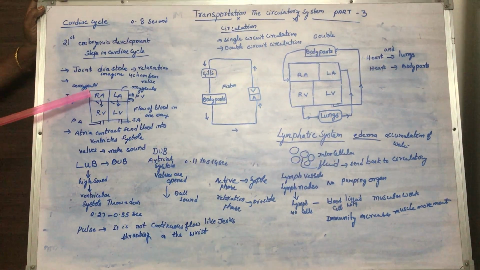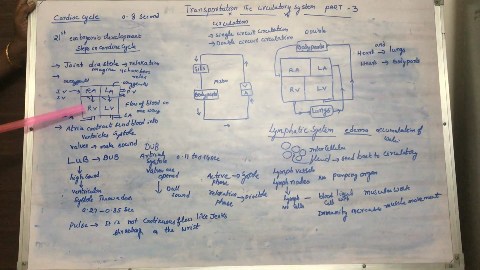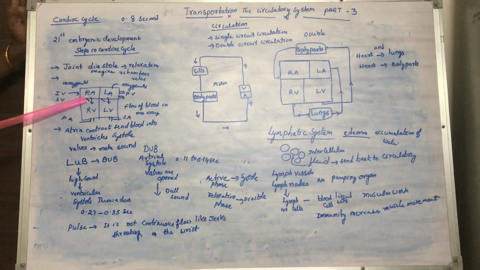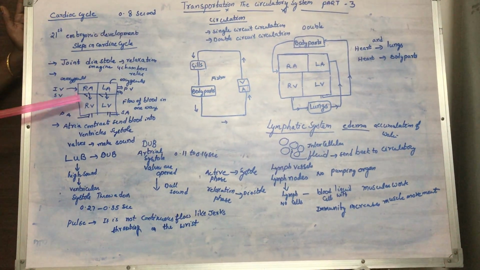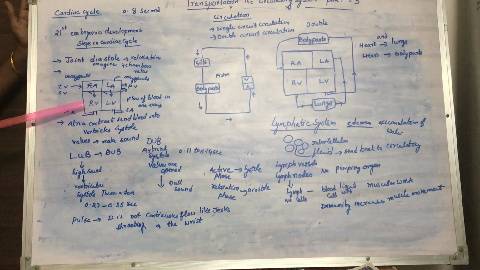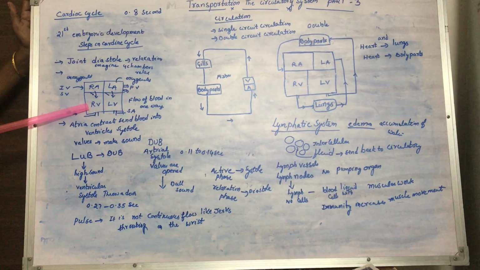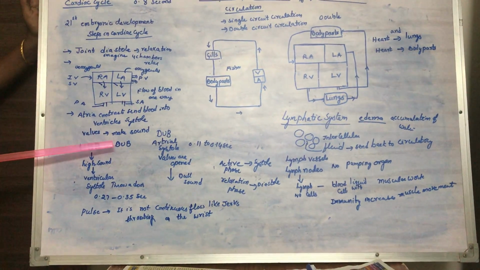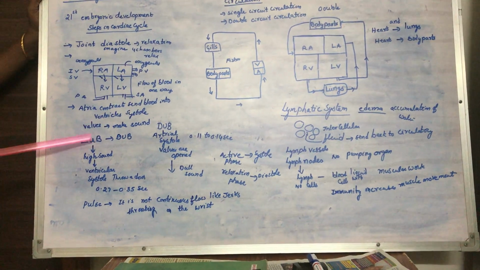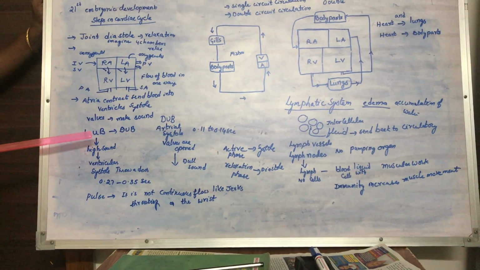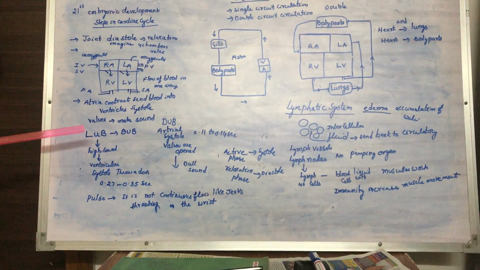So what will happen when the blood is pumped from auricle to ventricle? The tricuspid valve will forcefully open and allow the blood into the right ventricle. At that time you hear a dull sound called dup. Lub, dup. These two sounds together constitute one heartbeat.